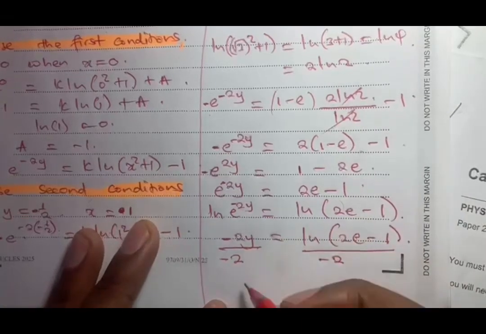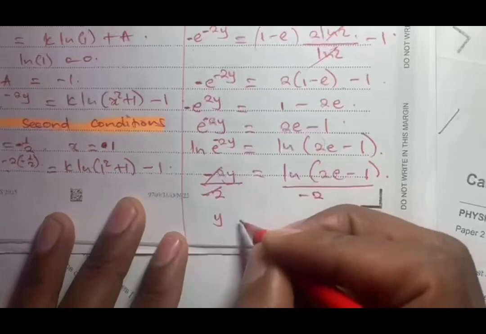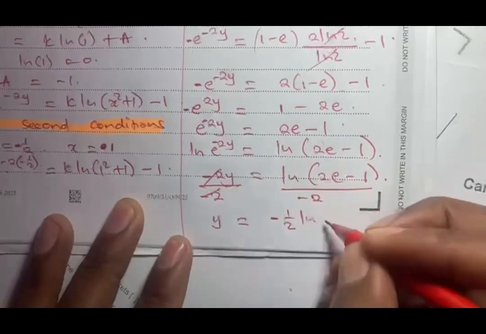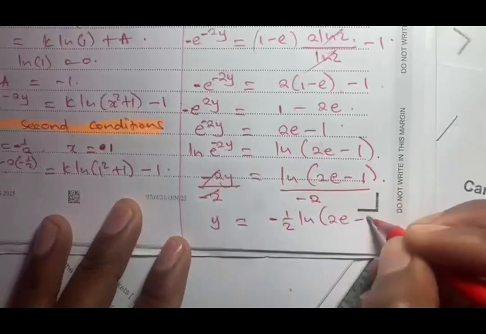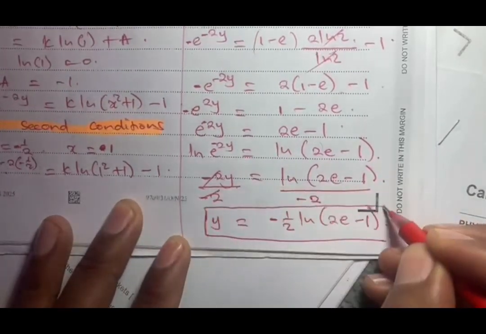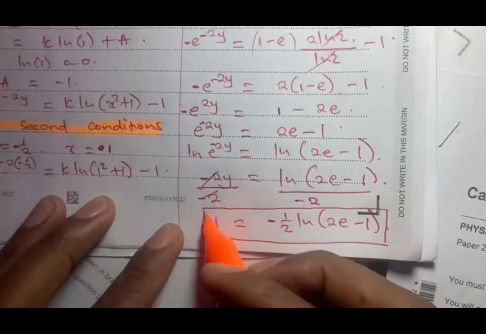This will give me y is equivalent to minus half ln(2e minus 1). So that's the one which is in the mapping scheme here. That's how it is.